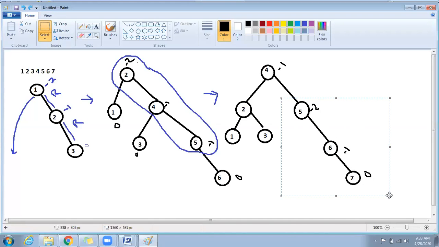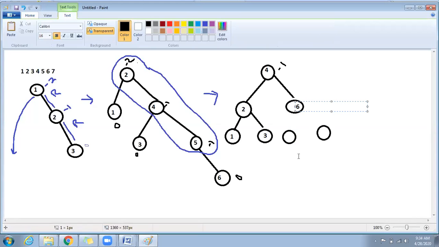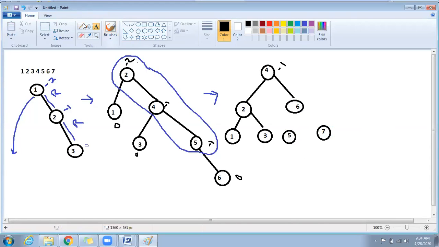So 6 will become the root node, and then here 5, and then here 7.